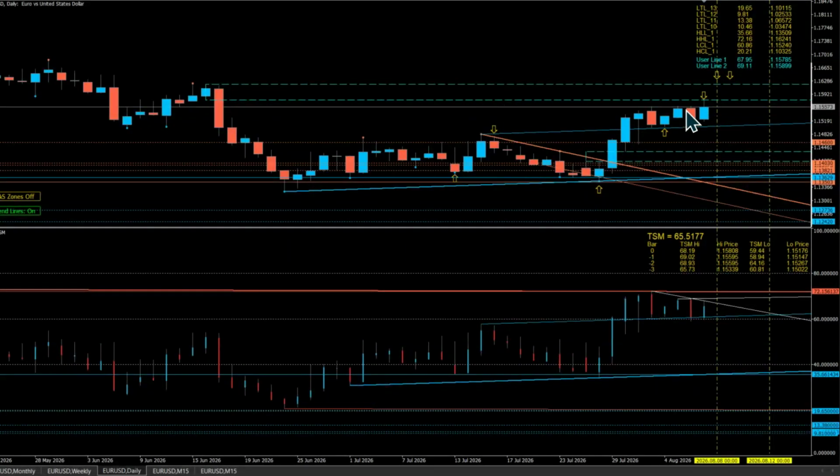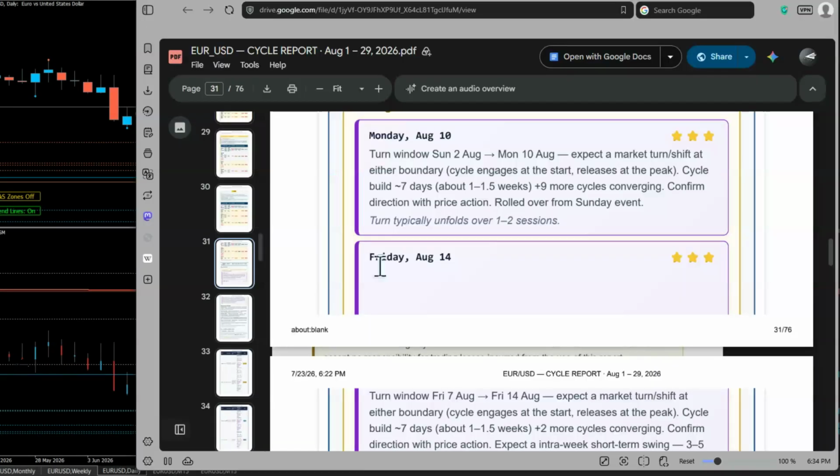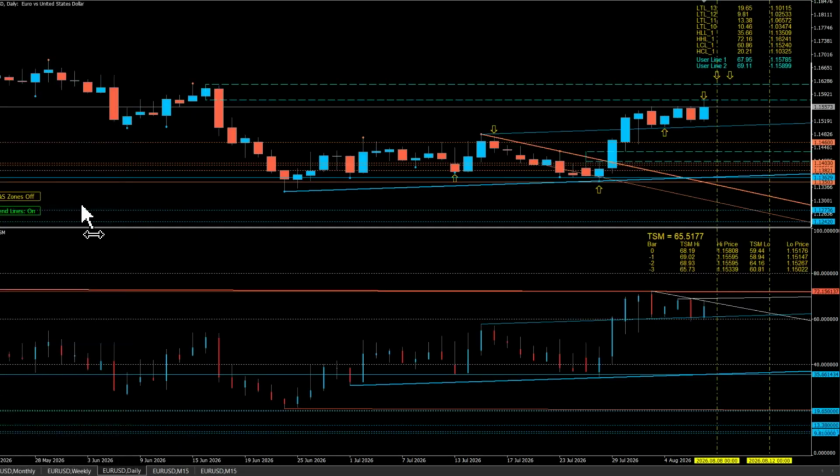So this week we have Monday, Tuesday, and Friday. If the market is up on Monday, we're looking to turn around on Tuesday. Why are we looking to turn around Tuesday? Because this is exactly why I said read everything. Monday, okay, confirmed direction with price action rolled over from Sunday event. So this could actually see us back up here.